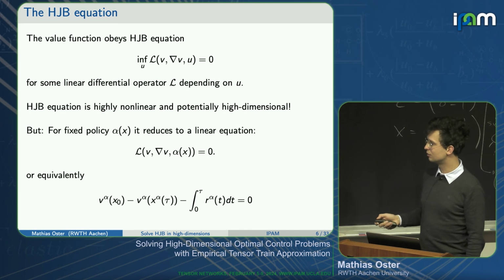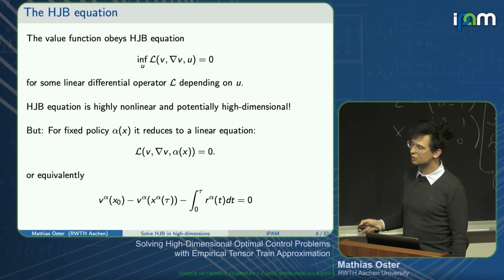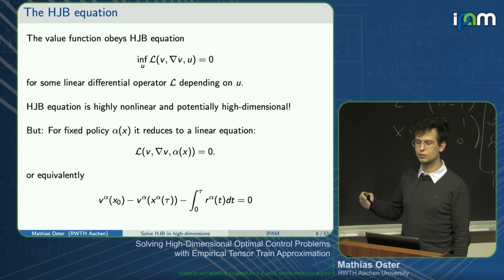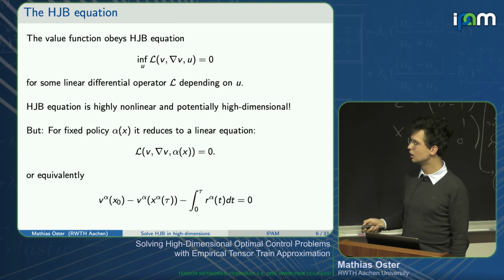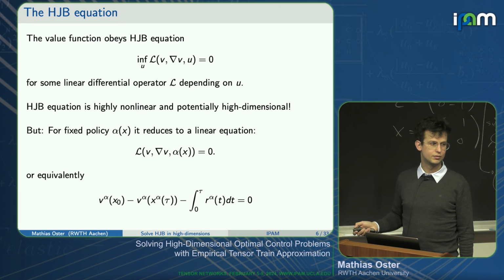And you can replace this nice equation by this integral equation, which is closer to the original Bellman principle that says that every trajectory that is optimal has to have a sub-trajectory that is optimal. And the reason for this, why we looked at this particular reformulation, is that you can make this model free. So you don't really need to know the dynamical system that is underlying this equation.